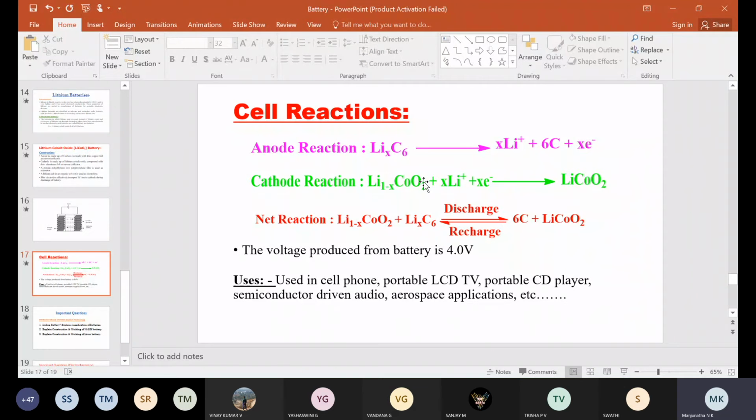Next one, separator: polypropylene. That is the construction. Then write down working, write down these three reactions.